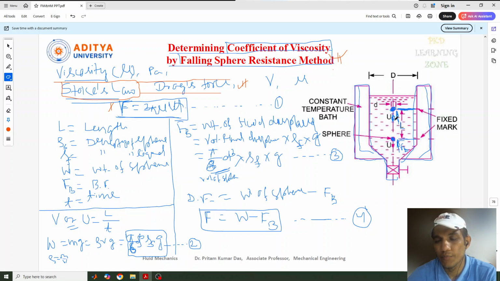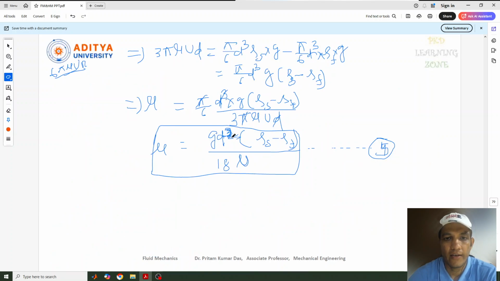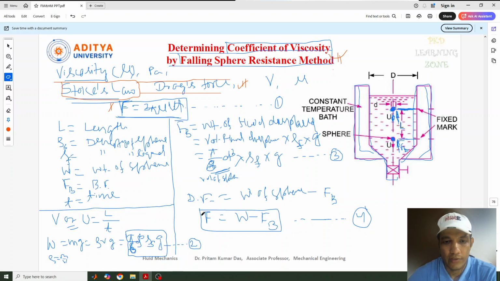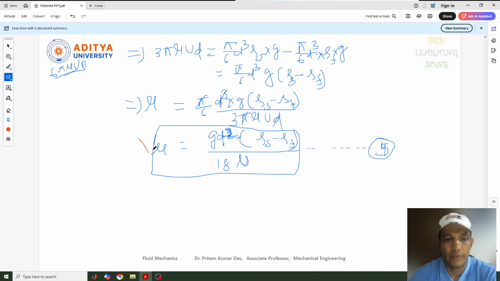When the sphere is moving in a liquid, there are some forces acting on it, and we have discussed this kind of concept previously also. So what are the forces? One is the drag force, another one is the buoyant force, and another one is the own weight of the sphere. These are the three things I have considered, and based on this equation we kept all these values, and finally we found this equation.